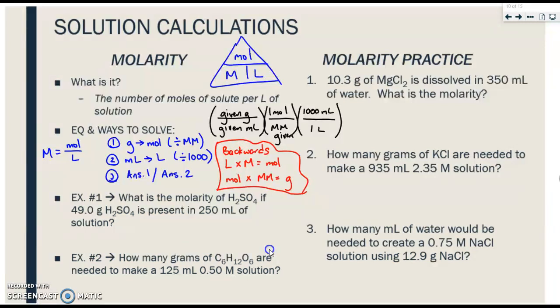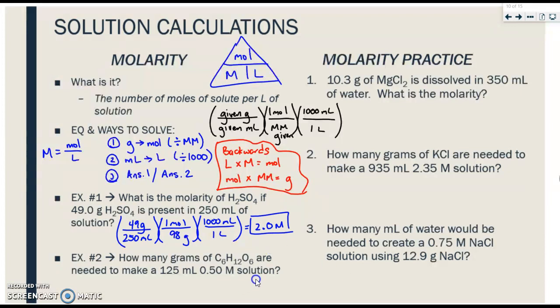You take your given grams, your 49 grams, divided by your given milliliters of 250. 1 mole divided by your molar mass here. And then 1,000 milliliters over 1 liter. You'll get the same answer. Want 2 for 2 sig figs because of the given values.